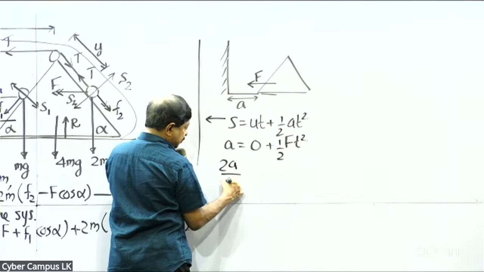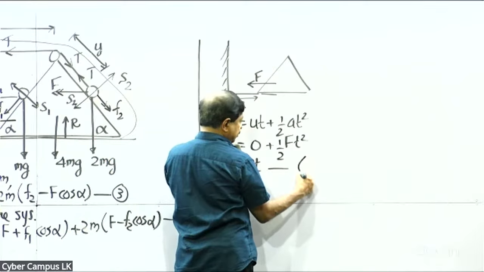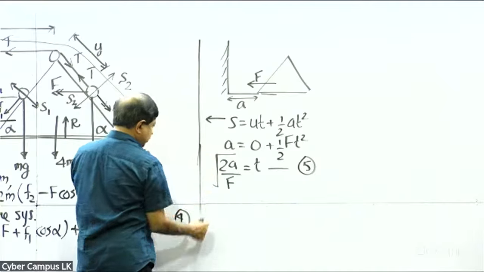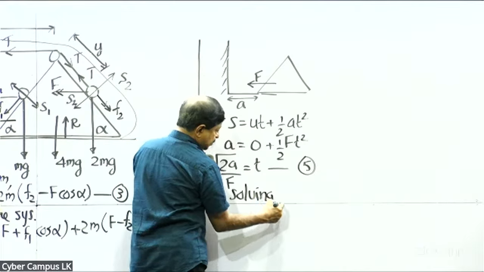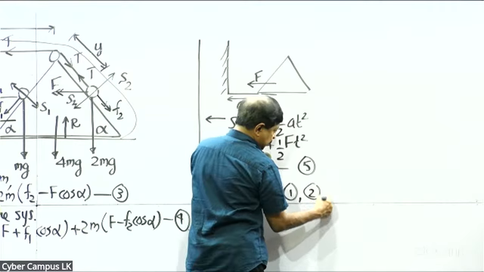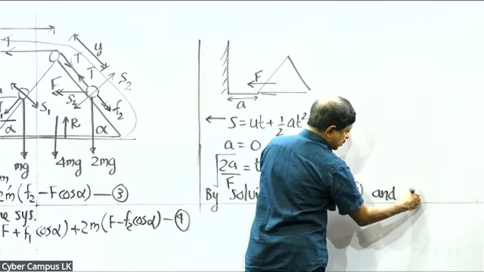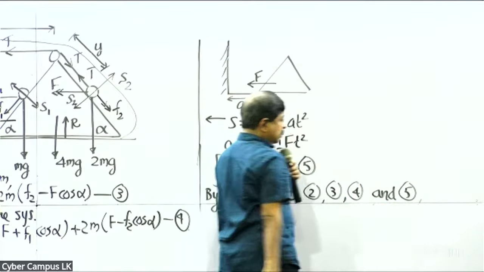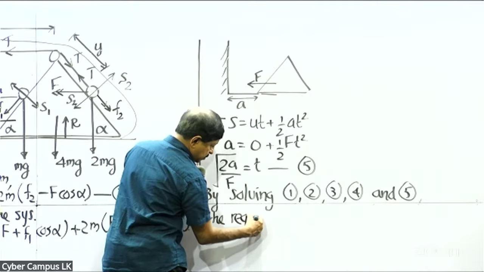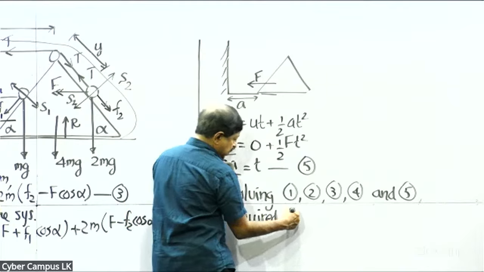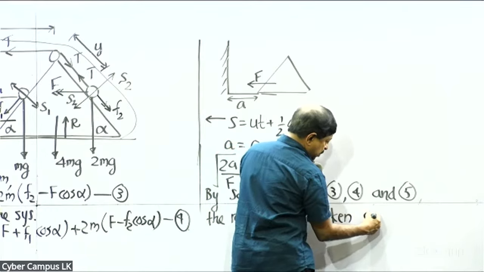So 2a over F is t squared, and t is this. I'll take this as 5. Now by solving equations 1, 2, 3, 4, and 5, the required time taken can be found.